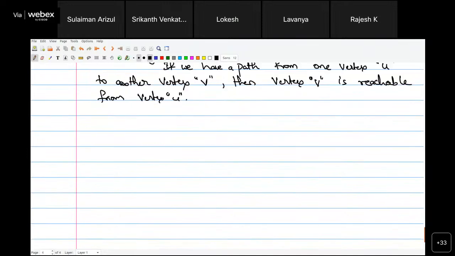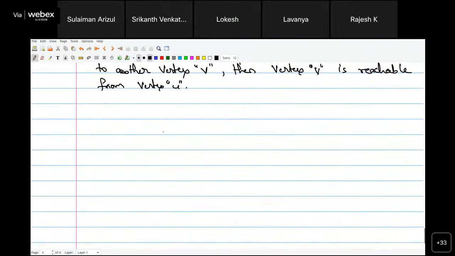So let us take an example for better understanding. Suppose there is a directed graph given like this.